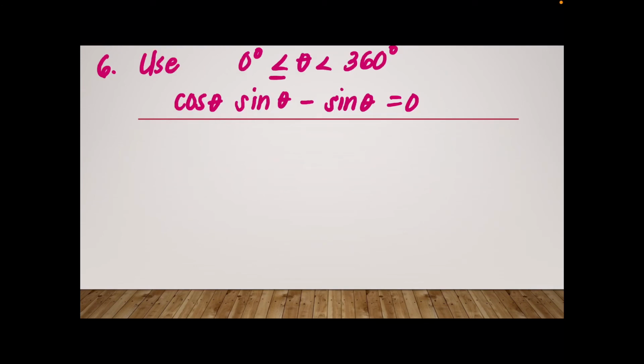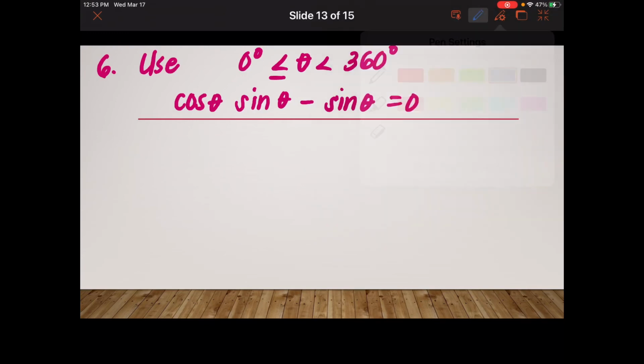Okay, example number 6. We use theta that is greater than or equal to 0 degrees but is less than 360 degrees. And then the given equation is cosine theta, sine theta minus sine theta is equal to 0. So if you will notice in our example, we have two trigo functions.